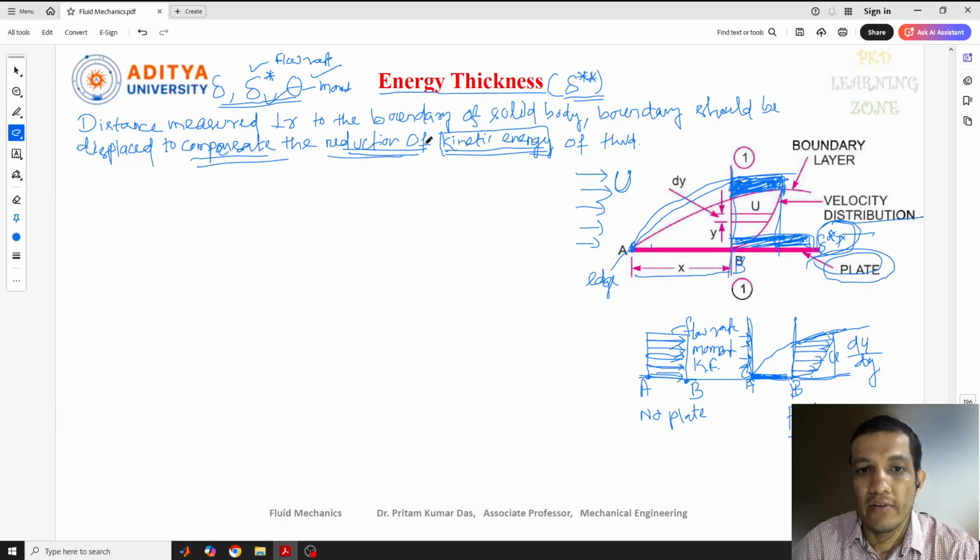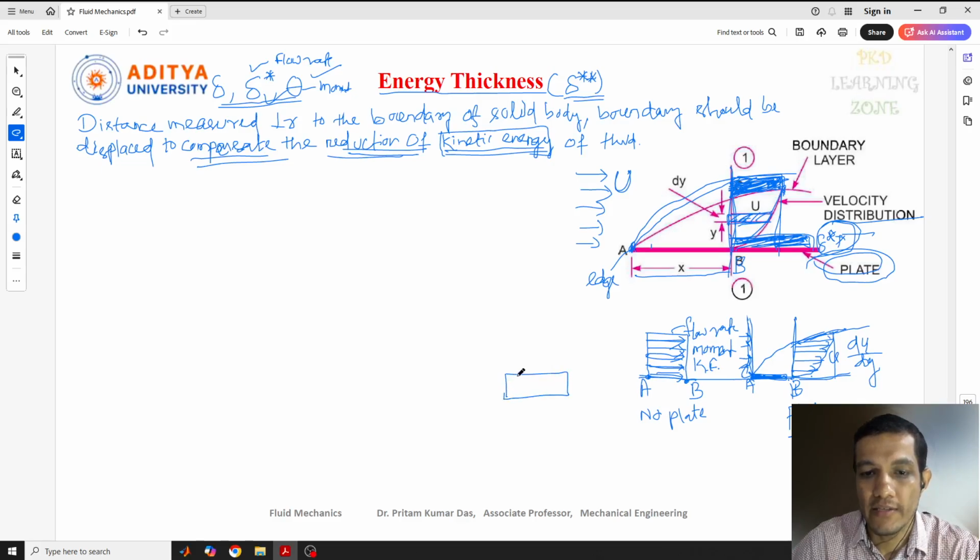Now we take one more point to find out these losses. To find out the reduction in kinetic energy, first we take this perpendicular line, and in the velocity profile we take a small elemental strip with a thickness of dy. I can draw that small elemental strip here.